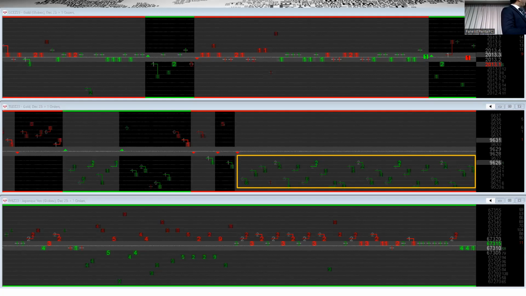We've got the offers at the top and the bids at the bottom. They form these shapes that you can see here, which really tell us that there are people doing some kind of arbitrage between those markets.